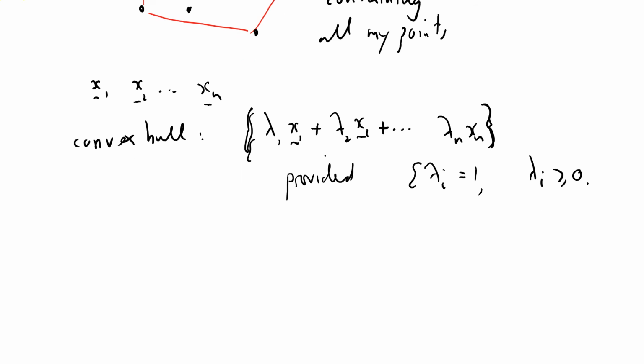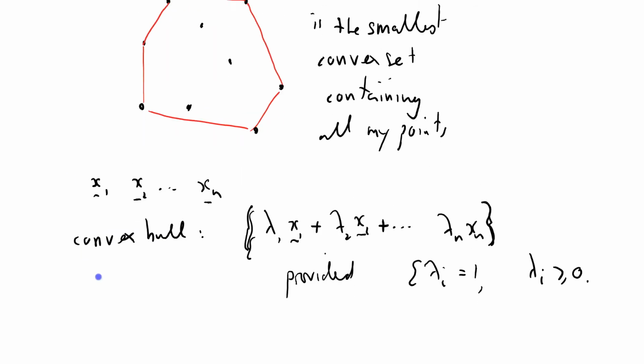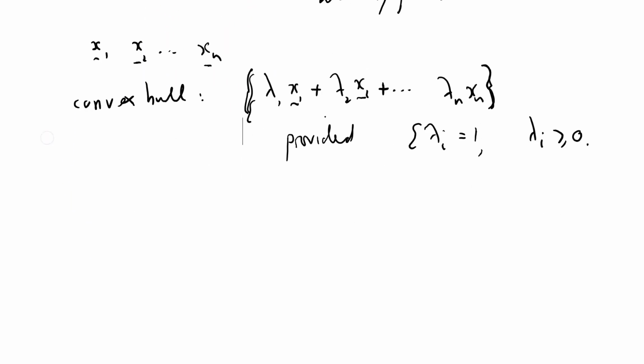So now we're in a position to link this definition of convex hull, which is incredibly useful, it's a very nice way of thinking about mathematics, to convex functions. You'll remember Jensen's theorem. I think it's Jensen.